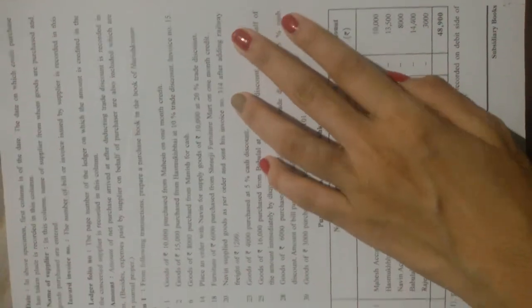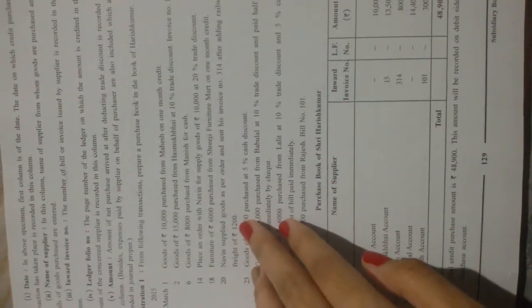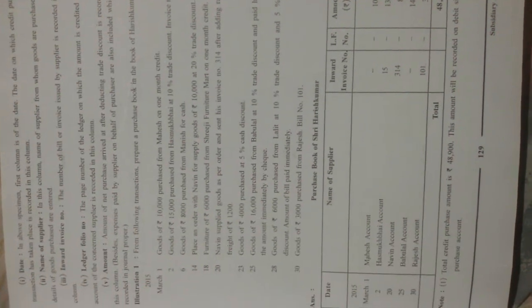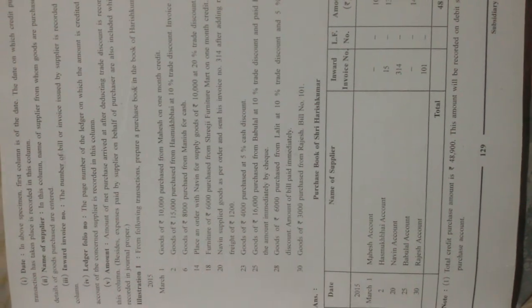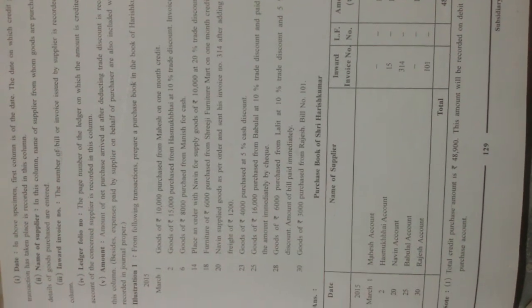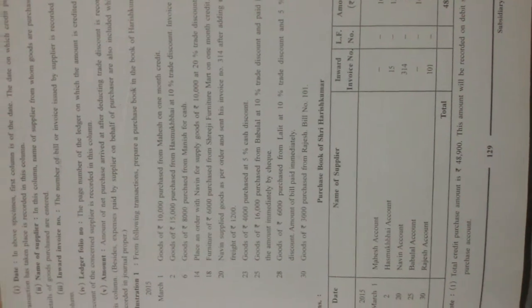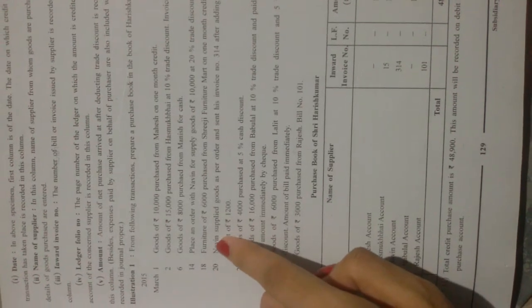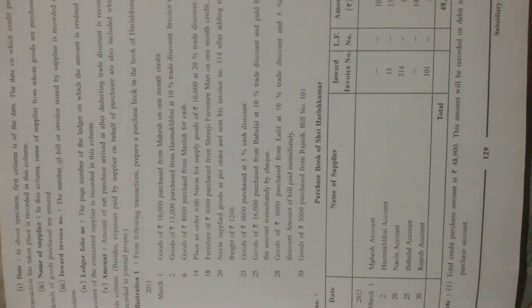Then on the 20th, Naveen supplied goods as per the order and sent his invoice number 314 after adding railway freight of rupees 1,200. The business had placed an order with Naveen, but now on 20th March Naveen supplies those goods. It is the same thing: the business is purchasing goods from Naveen, so Naveen is supplying goods, correct?